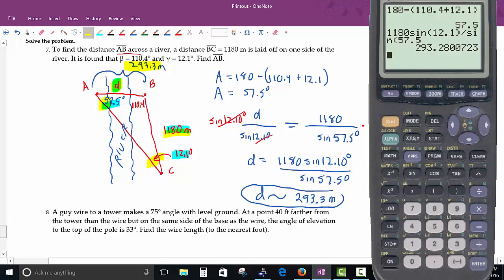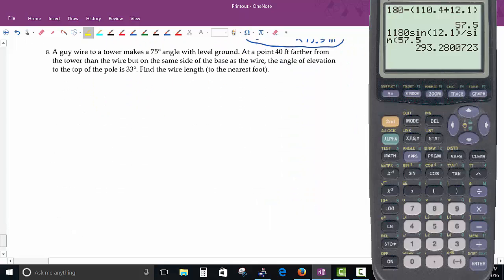Okay, so let's do one more. This last problem right here, I think I had gone through how to do this in a little more complicated way with right triangles a little bit earlier in the semester. So this problem says you have a guy wire to a tower that is making a 75-degree angle with level ground. So let's just kind of draw a picture of the tower.